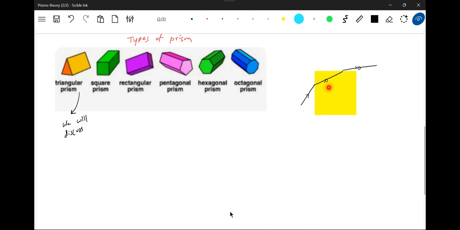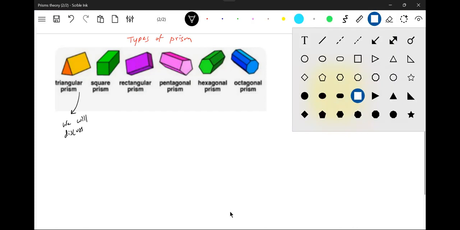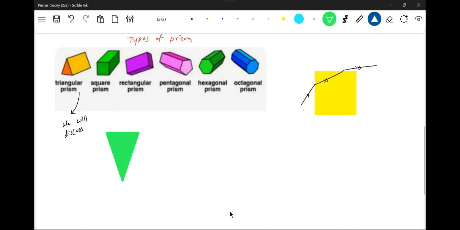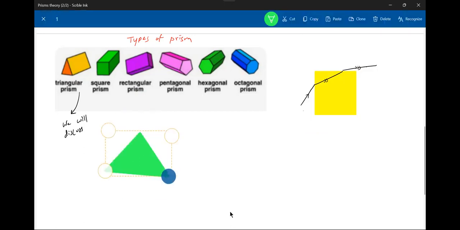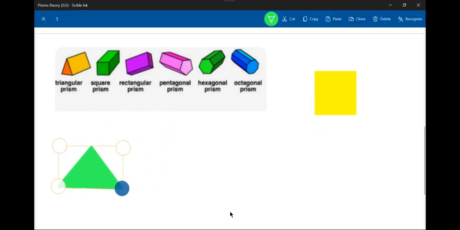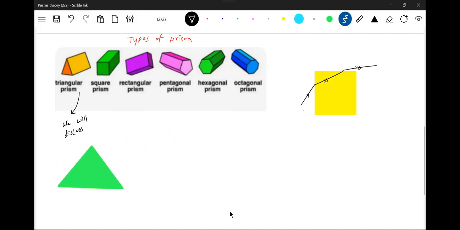The ray will be, I'll just show, this one is already a triangular prism. The ray of light will come here.